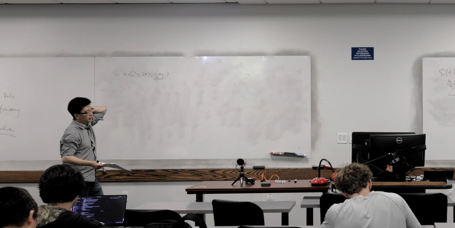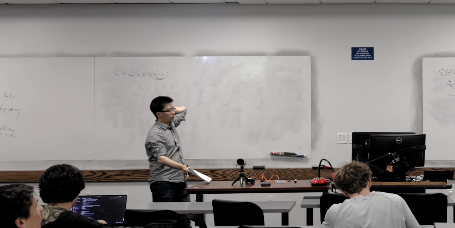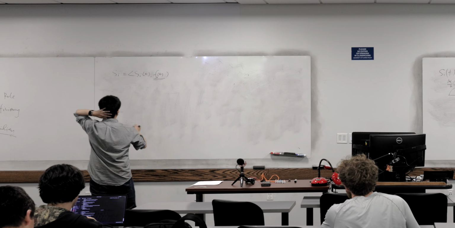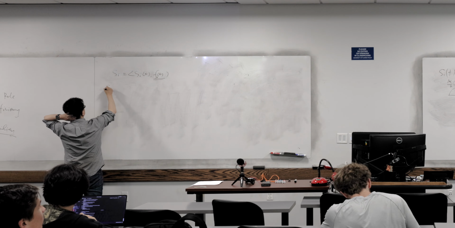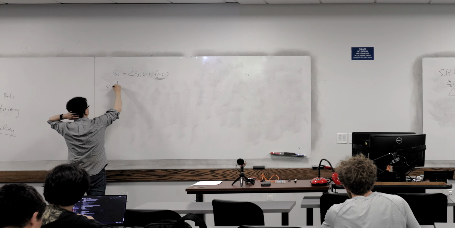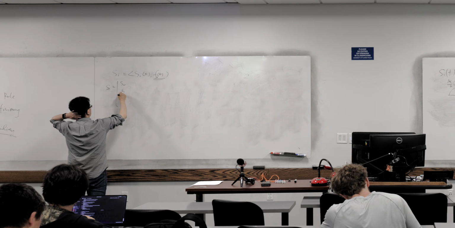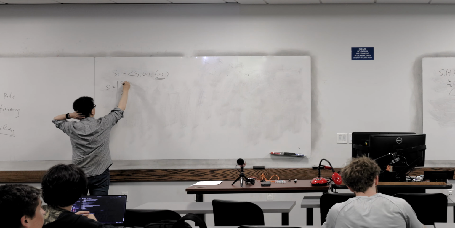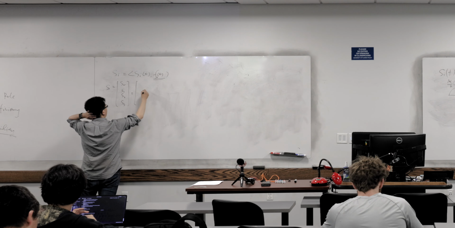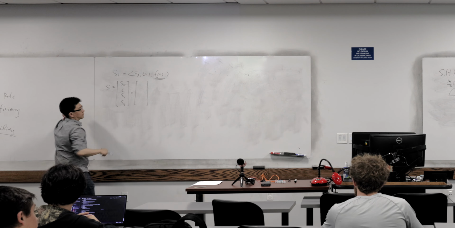By the way, can you take a guess on what all the s's are? Our vector space representation s vector should be equal to s_0, s_1, s_2, s_3. Can you take a guess on what value each of them is?